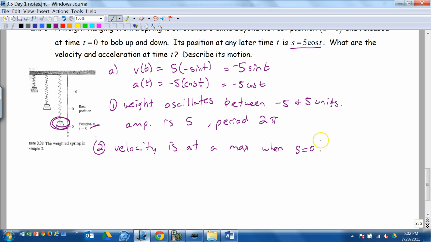And then speed and velocity are 0 when the position is equal to plus or minus 5 units. So it's not moving at those spots.